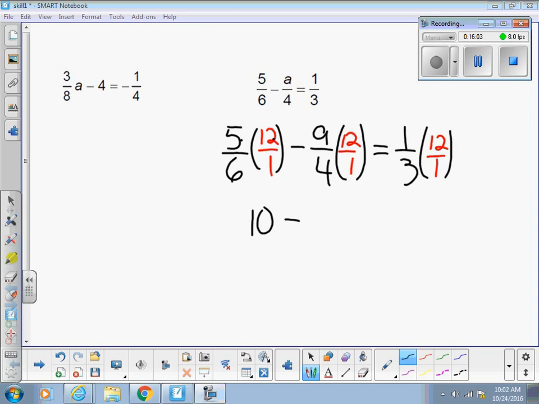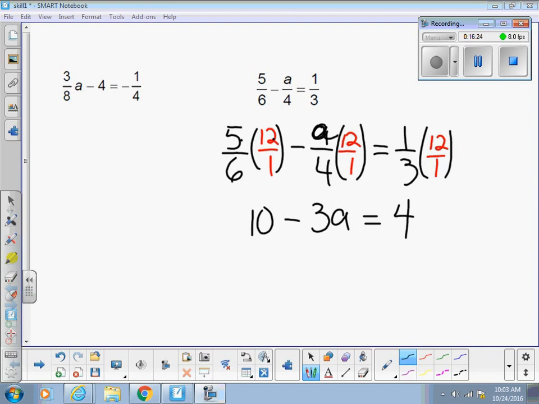I'm sorry. My a's look like 9s. Alright, so let me fix that. So this is really 1 times 12 is 12, divided by 4, we get 3. So that will be 3a. And then 1 times 12 is 12, divided by 3, we get 4.